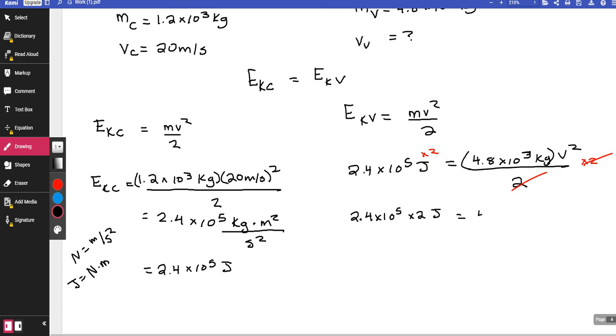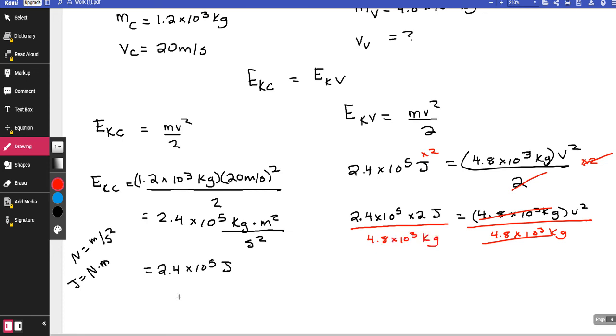Is equal to 4.8 times 10 to the 3 kilograms, v squared. Then we are going to divide by this. And you could have some intermediate values if you want. Then these guys cross out. So then our big formula now looks like this.